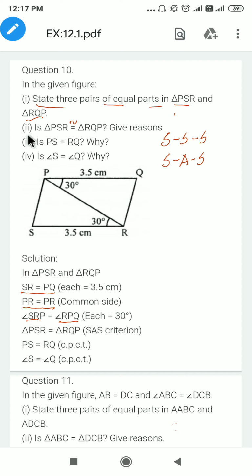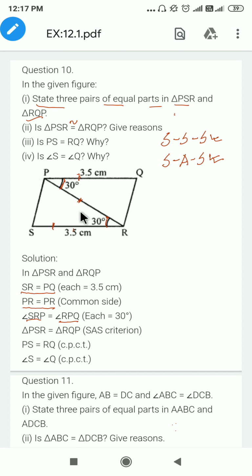And for the second question, are these two triangles congruent or not? Look, we know that if two triangles are congruent, then which properties have to hold? The side-angle-side property. Here, this side is equal to this side, and this is a common side, and this angle is equal to this angle.